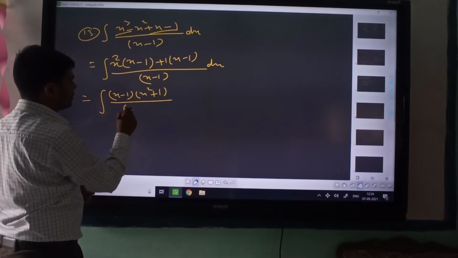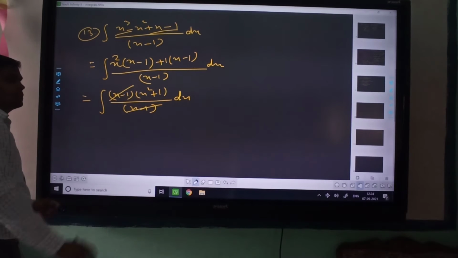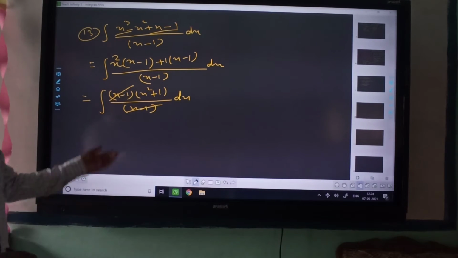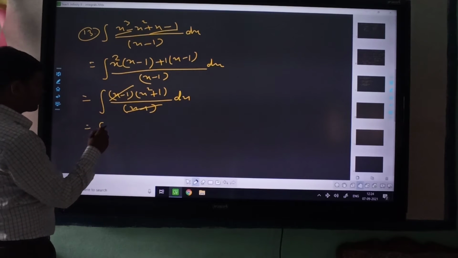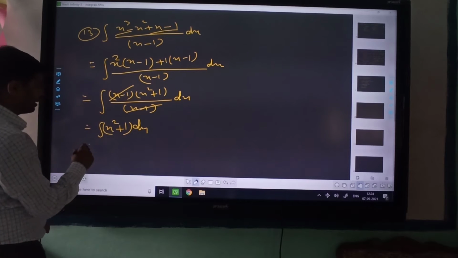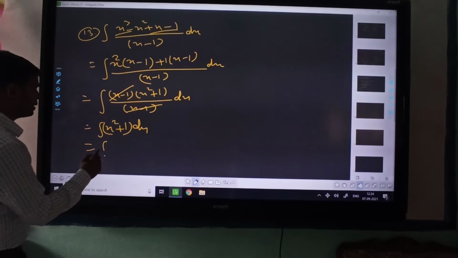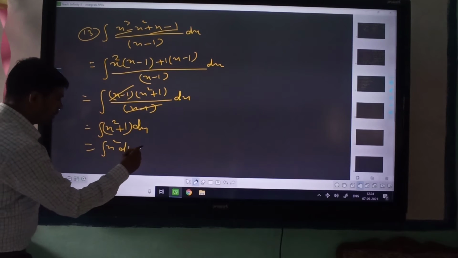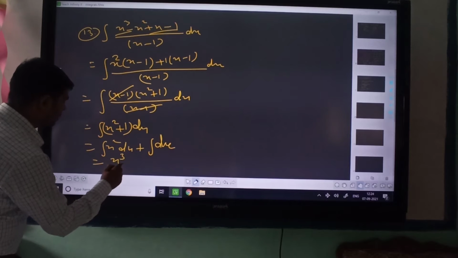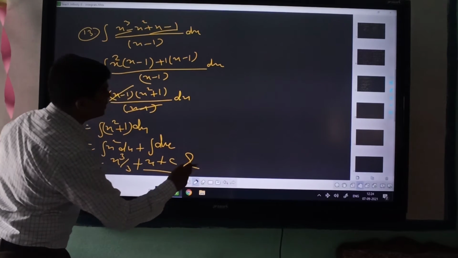So x minus 1 cancels with x minus 1, and the remaining is x square plus 1 dx. Integrating by the simple method as in the previous question, we get x square dx plus dx, so x cube over 3 plus x plus c. This is the answer of this question.